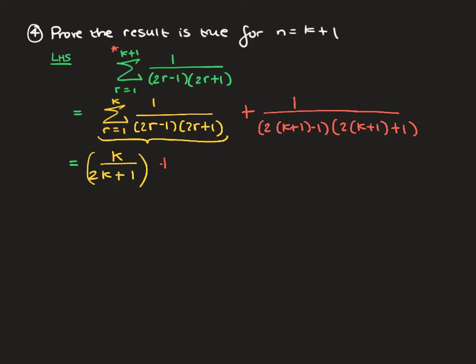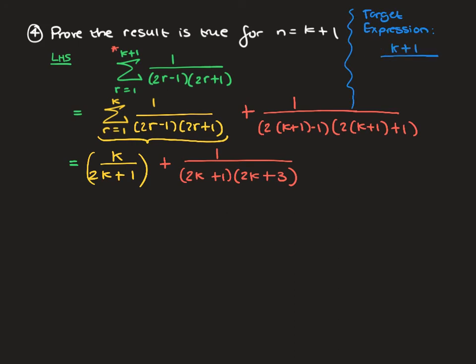Now this red part simplifies in the denominator to 2k plus 1 bracket 2k plus 3. So we have this now. Let's remind ourselves of what the target expression was. So our target expression, if you recall, we need to get to k plus 1 over 2k plus 3.